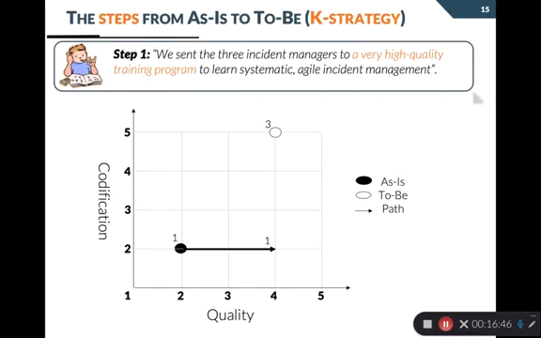Imagine that you get this quotation, which suggests that for this knowledge domain, the first step is to increase the quality by sending the team of incident managers to a high quality training program. So you see, codification is not changed, distribution is still 1, and quality is increased to 4.